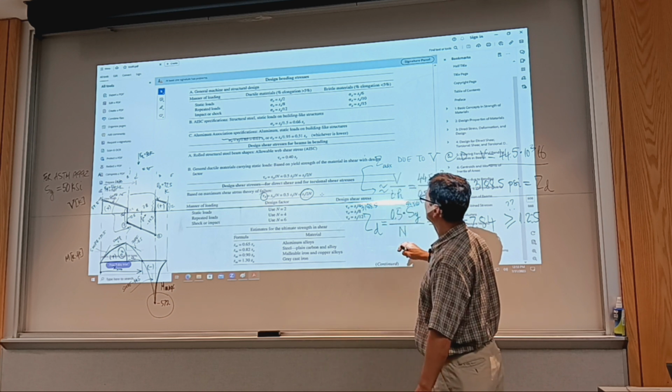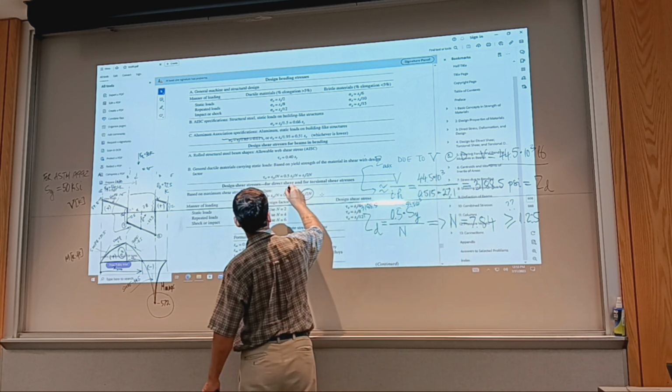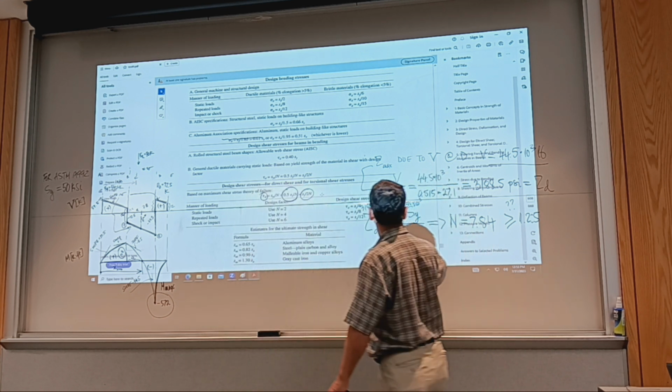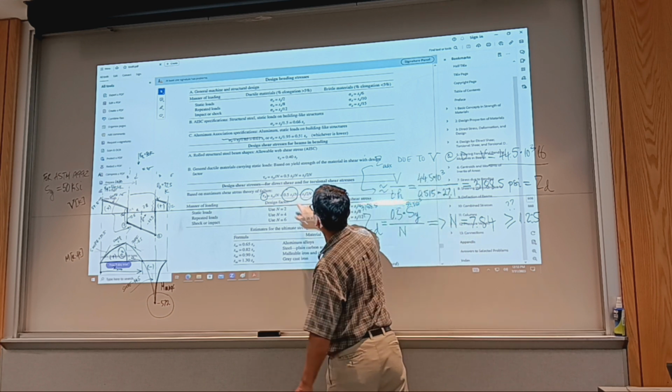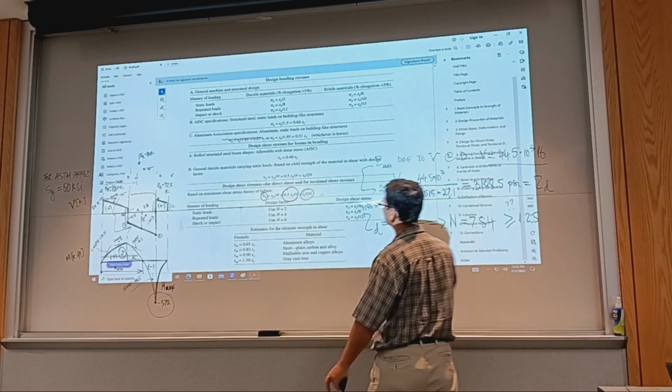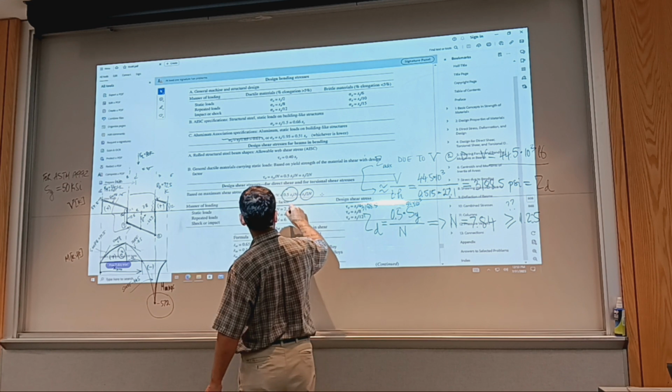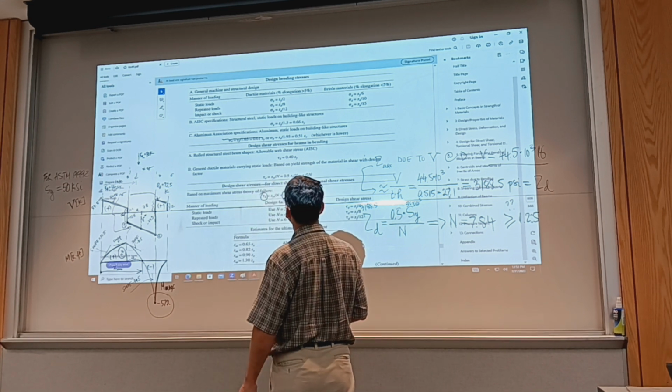All right, so what was it? Or rather this one, 0.5 Sy over N, and evaluated N. And here for static loaded, it says manner of loading 0.2.